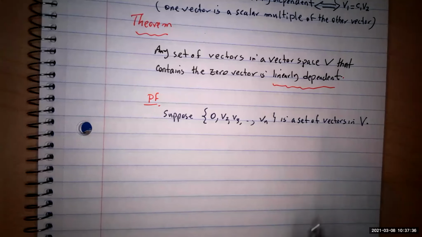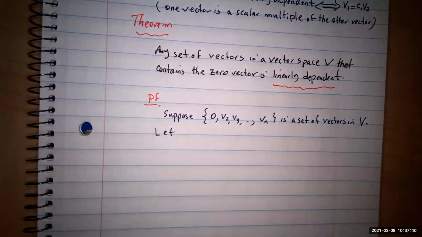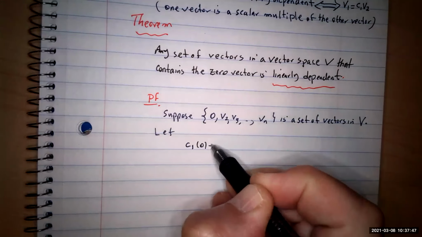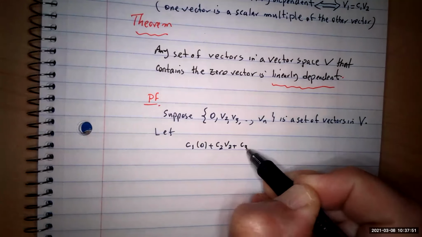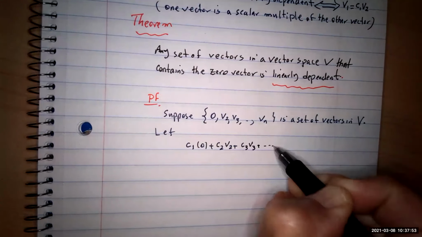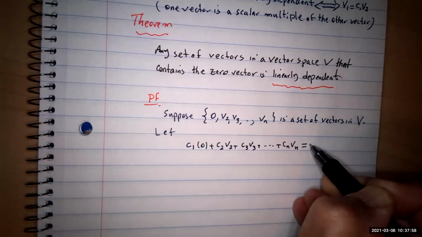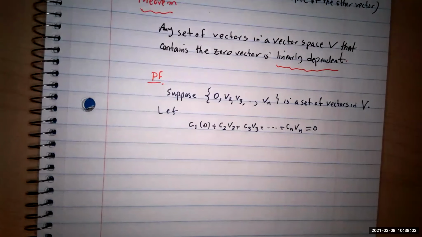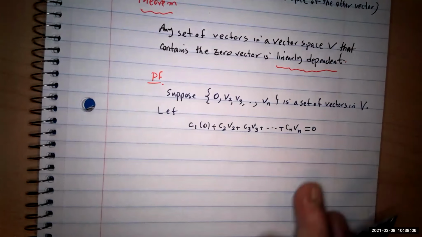Let's have a linear combination: c1 times the first vector, 0, plus c2 v2, c3 v3, up to cn vn, equal to 0.